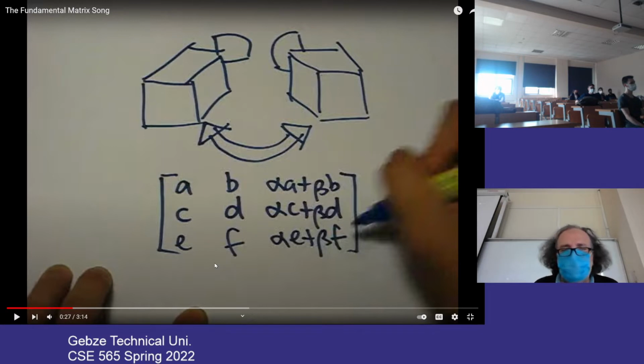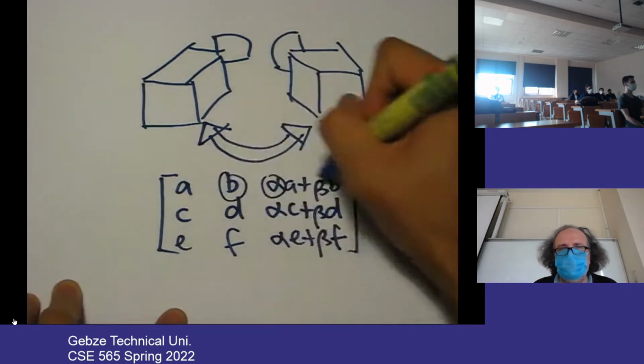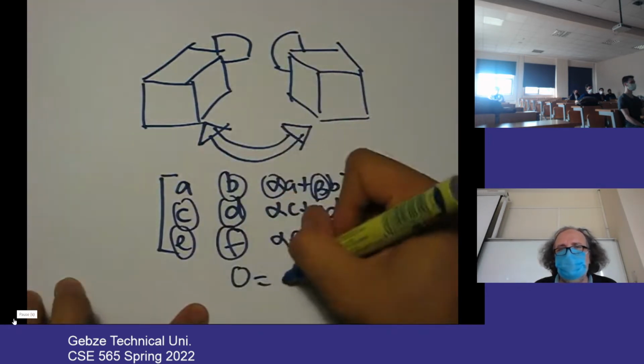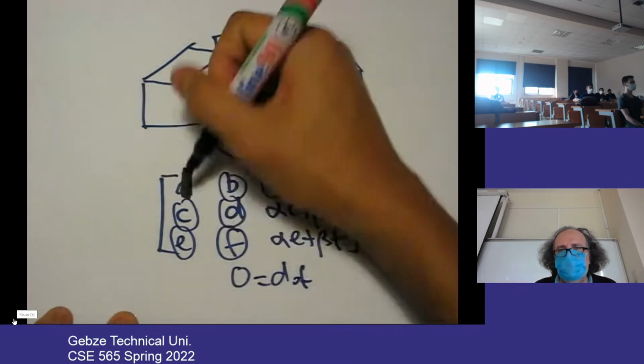It says A, B, C, D, E, F. These are dependent on these 6 values, and I have alpha and beta, a total of 8 numbers. 7 degrees of freedom. It has a rank deficiency.